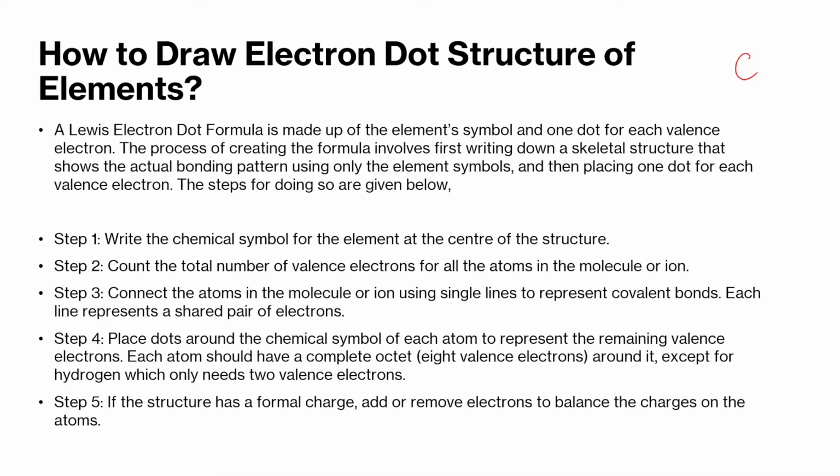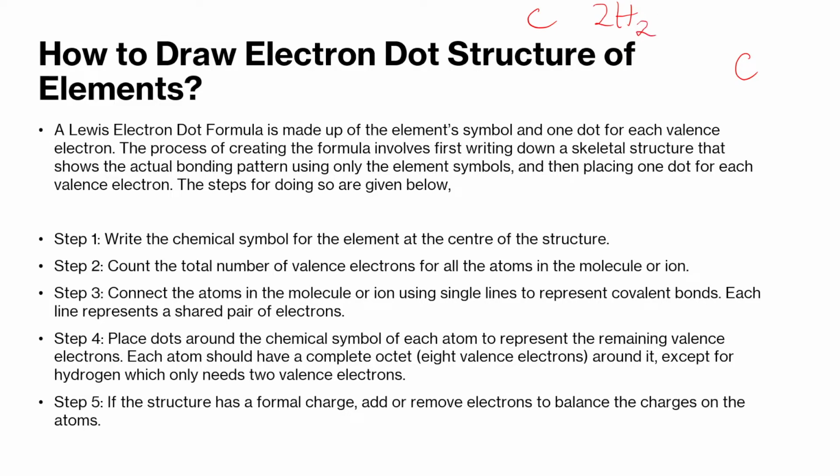Then the next step is to count the total number of valence electrons for all atoms in the molecule or ion. So let's say that we're doing methane. We know that we have 1 carbon and 4 hydrogens.